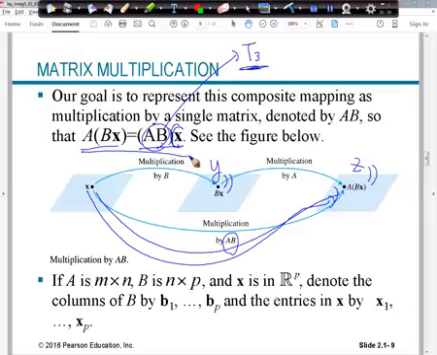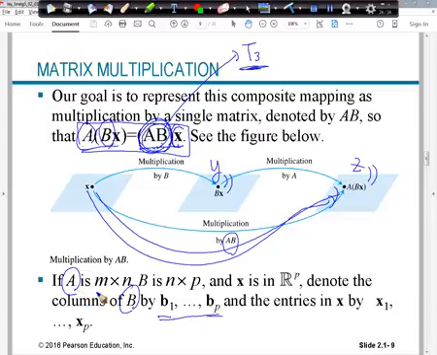So from this relationship, we can think about the meanings of this one-step transformation using some columns and rows of A and B. In order to study those relationships, let's define the columns of B as B1 through Bp, and leave the matrix A just as it is.